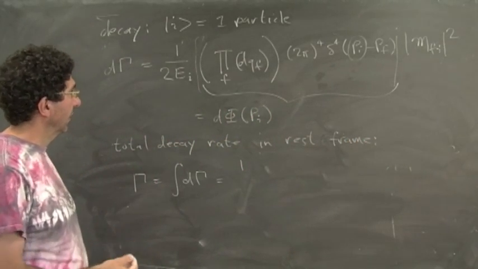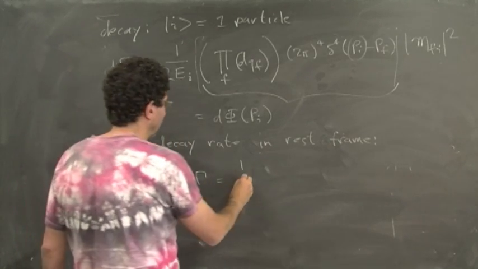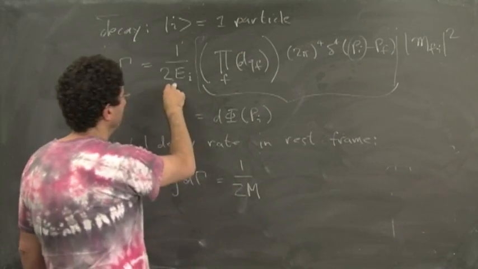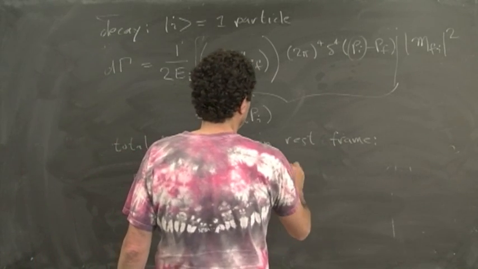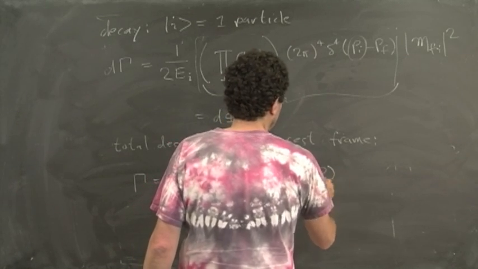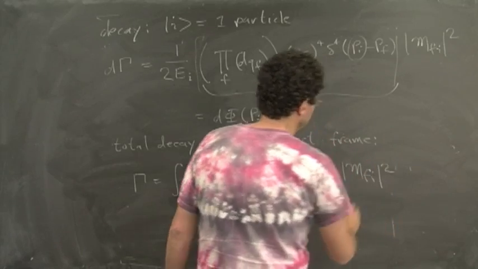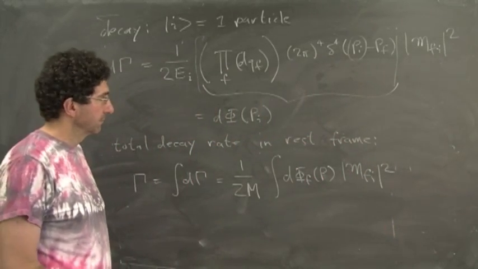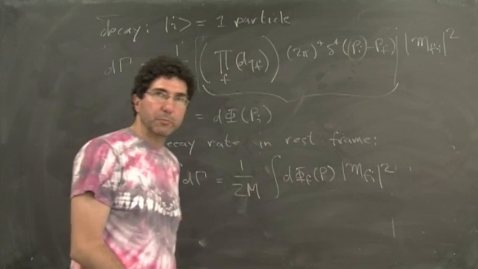In the rest frame of the particle, what is the decay rate? Well, E is just the mass of the particle, so I get a factor of 1 over 2m from here. And then I just have the final state phase space with momenta P integrated over the matrix element squared. And this, of course, is now all Lorentz invariant, as it should be.